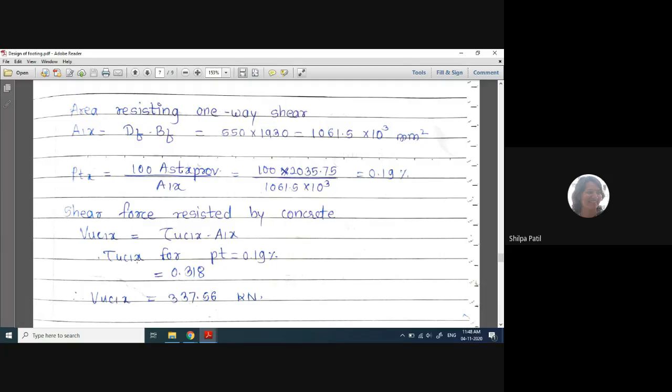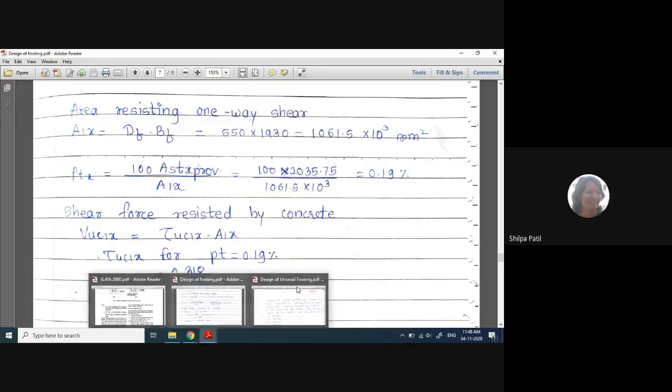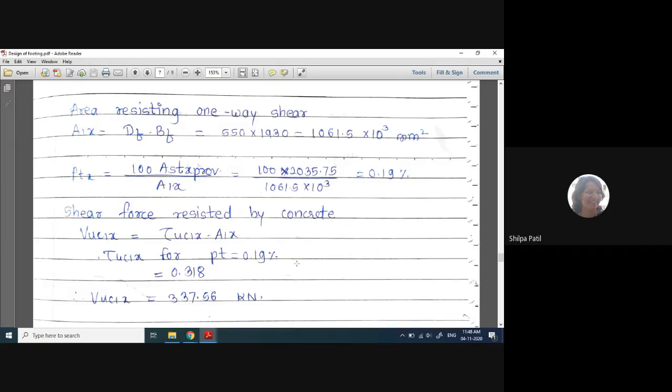Now the tau C value is calculated against the percentage of steel. If you remember table 19 or table 20, I don't remember the table number now, one of these tables gives us the tau C value. This tau C value is calculated based on the percentage steel and fck value.